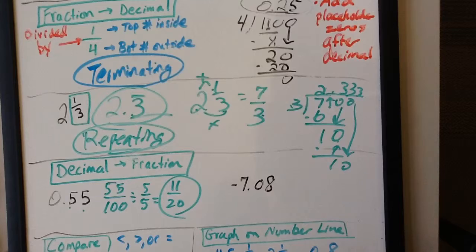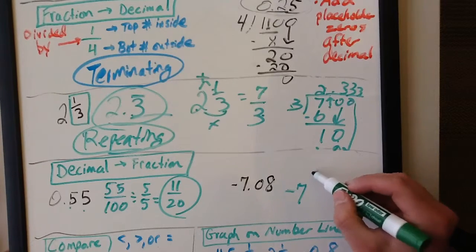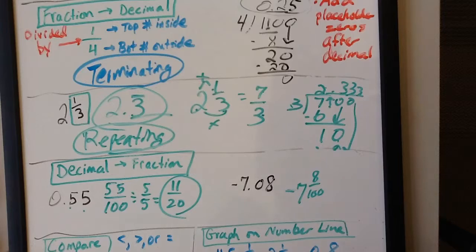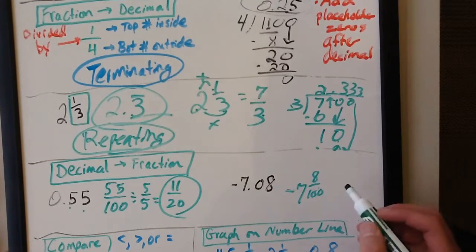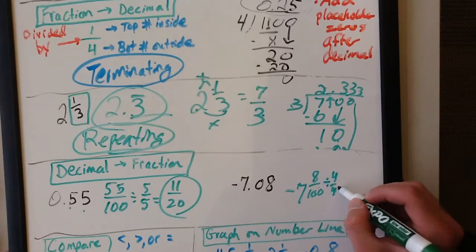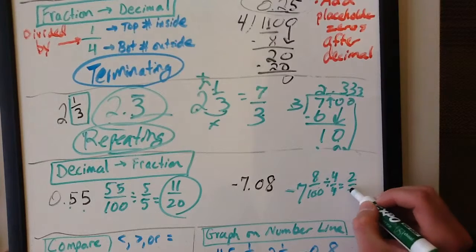Next I have negative 7.08, or negative 7 and 8 hundredths, right? Because 8 is in the hundredths place. Now, can you simplify the fractional part, 8 over 100? Well, they're both divisible by 2, but they're also divisible by 4. So if I divide the top and the bottom by 4, I would get 2 twenty-fifths.